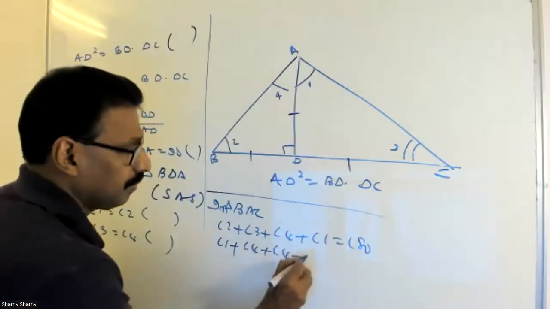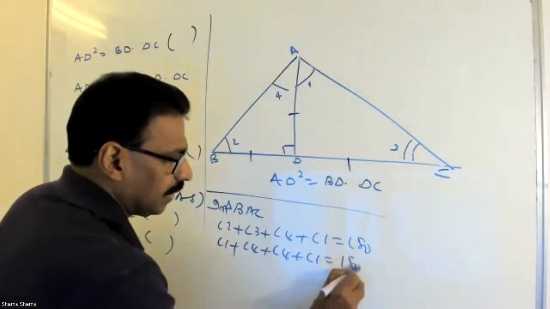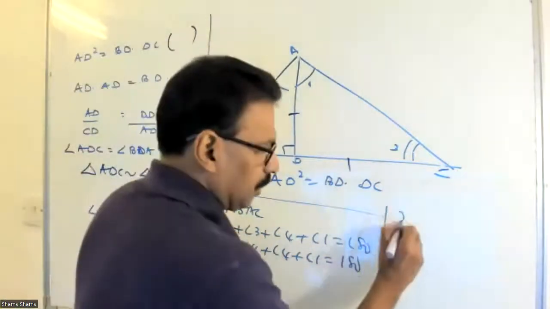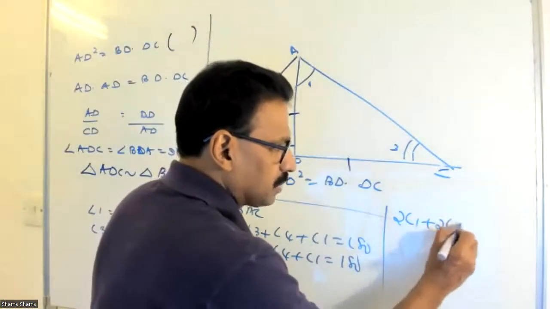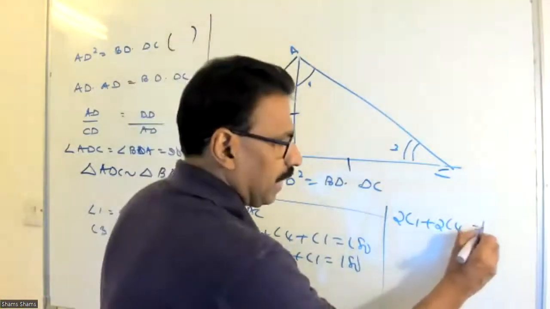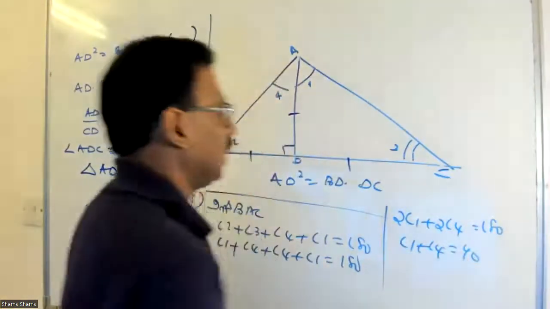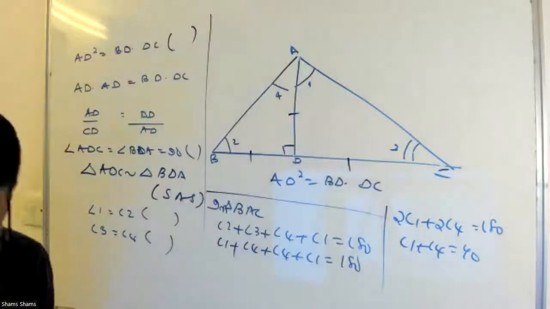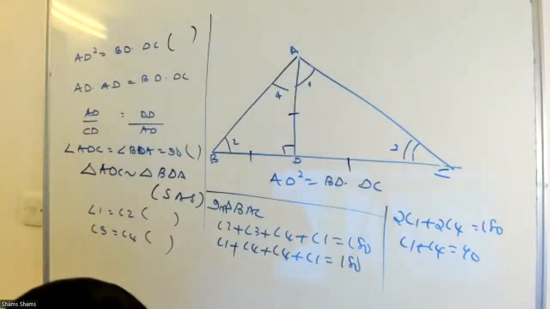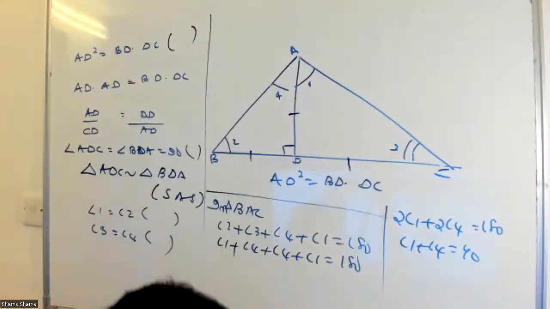So angle 4 plus angle 4 plus angle 1 plus angle 1 equal to 180. That means 2 times angle 1 plus 2 times angle 4 equal to 180. Angle 1 plus angle 4 equal to 90. Hence, angle A equals 90 degrees.